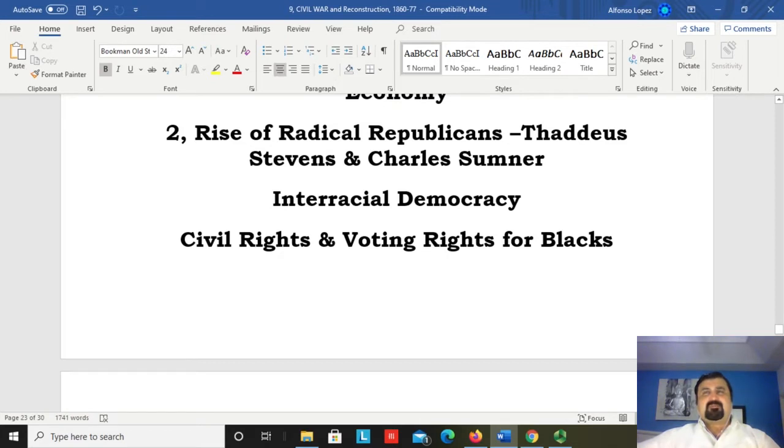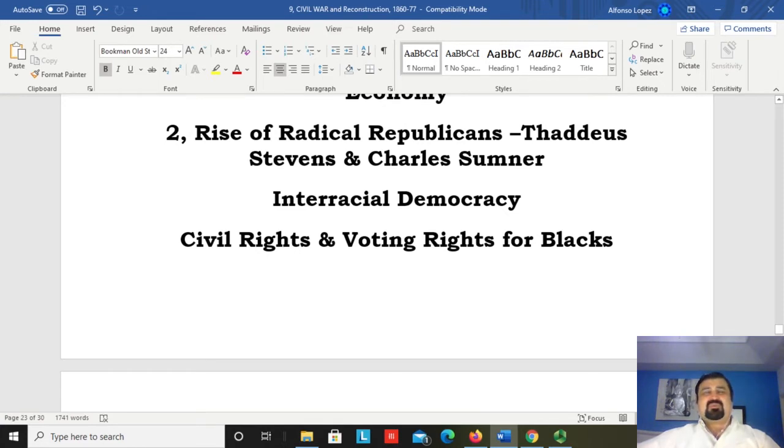Well, this Republican Party in Congress is going to be implementing the legislation, the policies of Reconstruction. And at this point, we're going to see the rise of a minority group within the party that will be known as the Radical Republicans, okay?